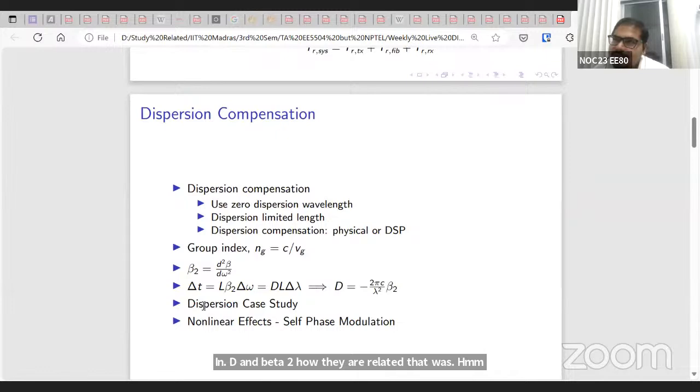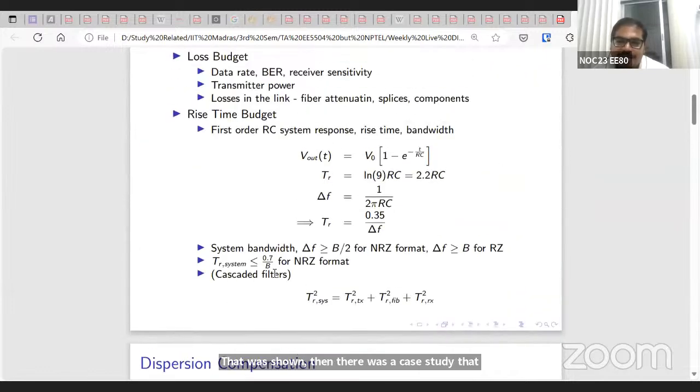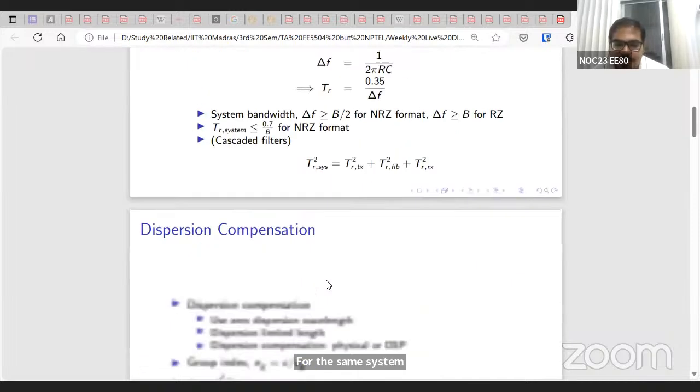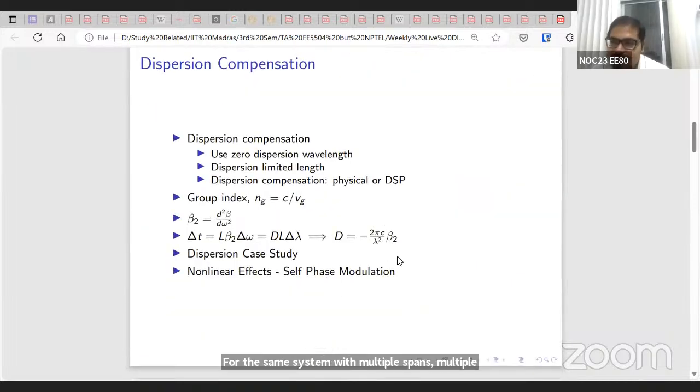Then there was a case study that we started for the link design, and for the same system with multiple spans and multiple alphas, we designed the link using dispersion compensating fibers.